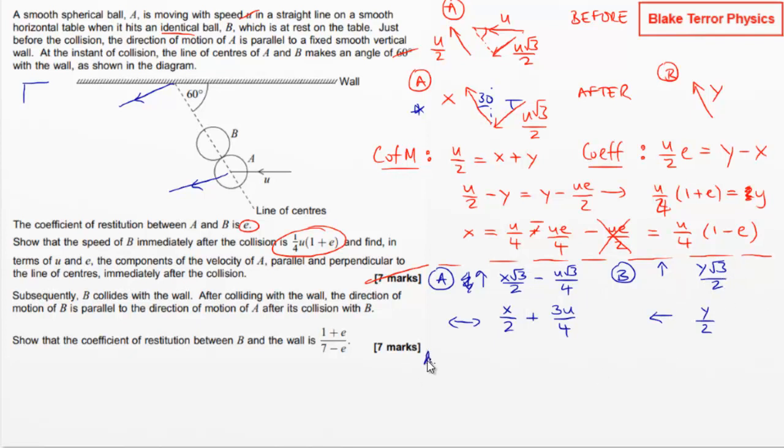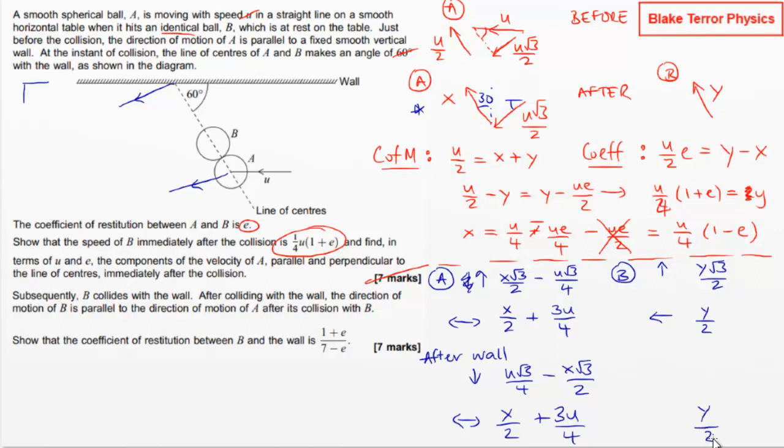So let's go after hitting the wall, and let's switch these top ones to be down arrows. So after the wall, that down arrow is going to be u root 3 over 4 minus x root 3 over 2. That's just flipping the sign on it, and the other is still what we know it to be, x over 2 plus 3u over 4.